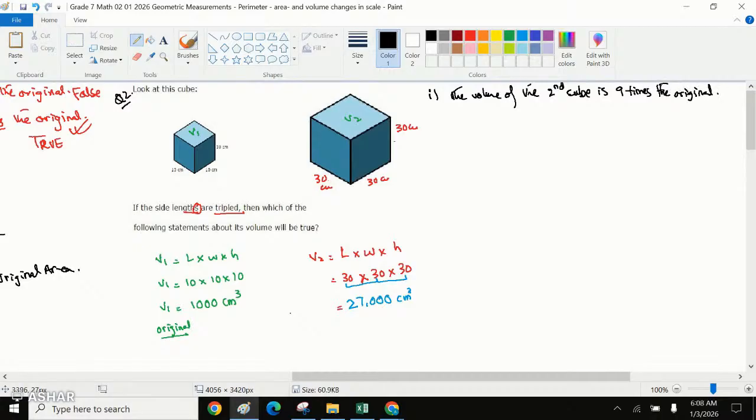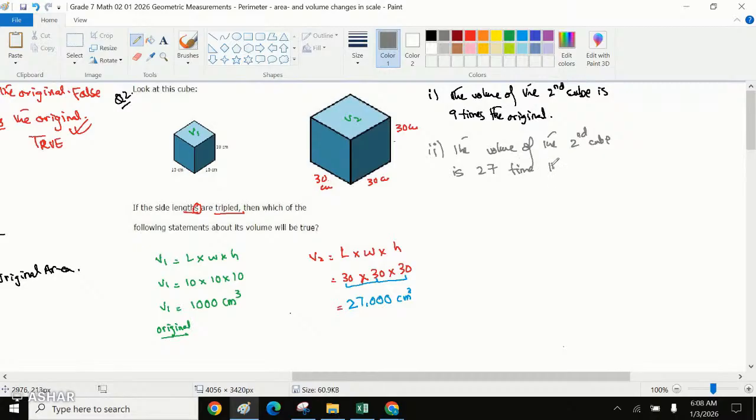Or the second statement we will create, since we need to find which statement is true. We're just creating statements over here. The volume of the second cube, that is the enlarged cube, is 27 times the original, right?